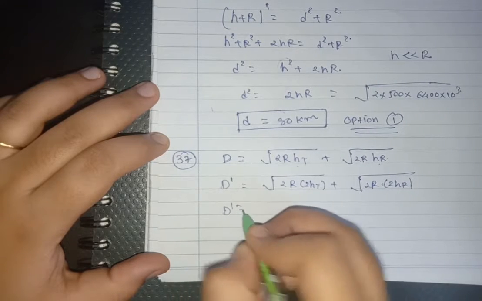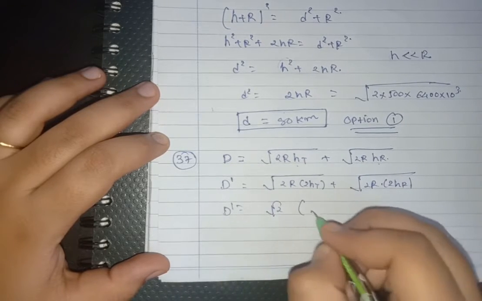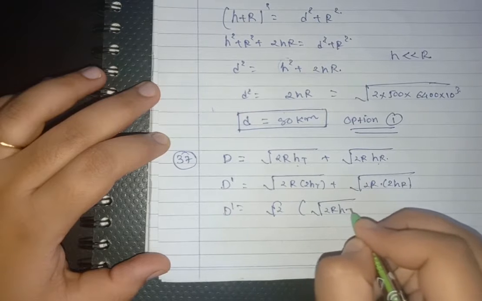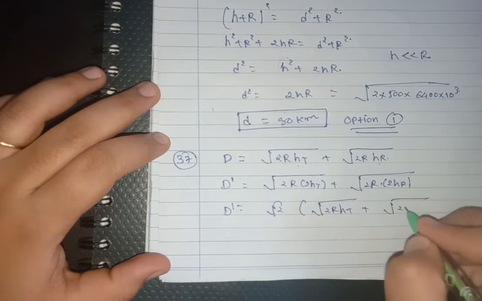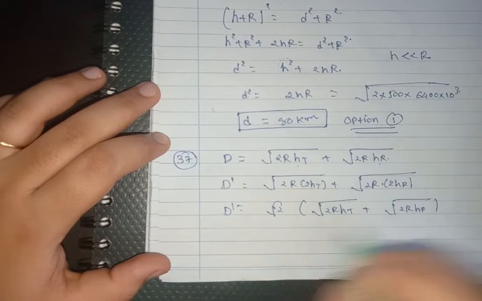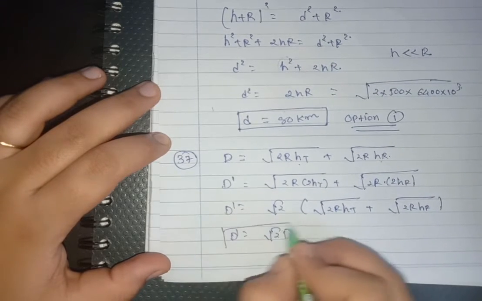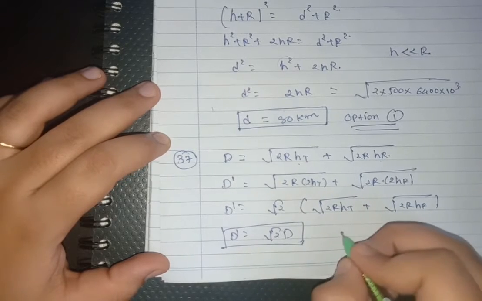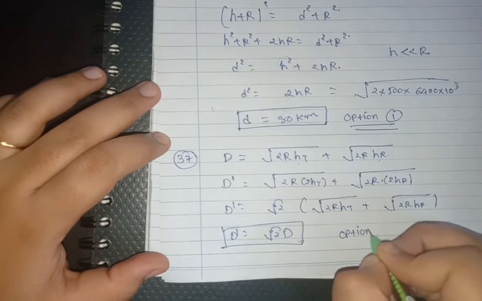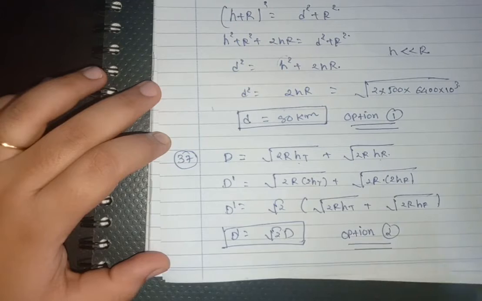So d dash will be equal to root 2 into under root 2rht plus under root 2rhr. So d dash will be equal to root 2 times d. So option 2 is correct option.